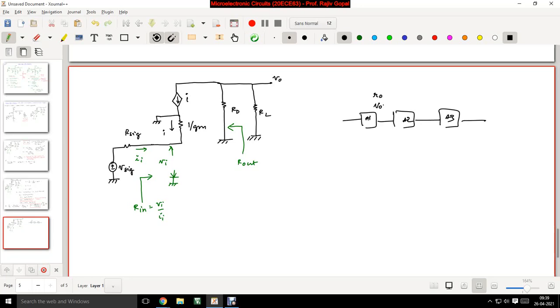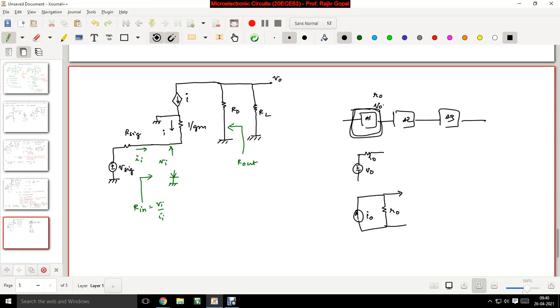In terms of Thevenin, I can replace this entire block with voltage source V0 in series with resistance R0. But if I want to use Norton's theorem, I can replace that entire A1 block with output current I0 in parallel with Norton's resistance.